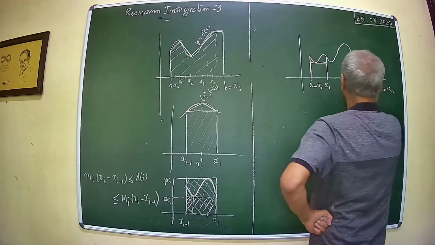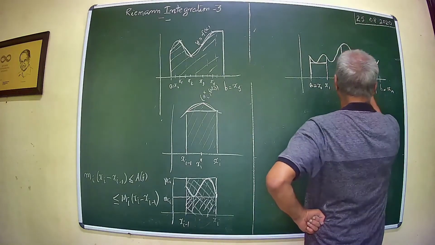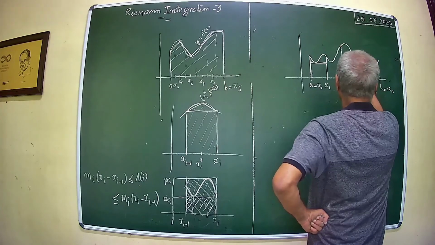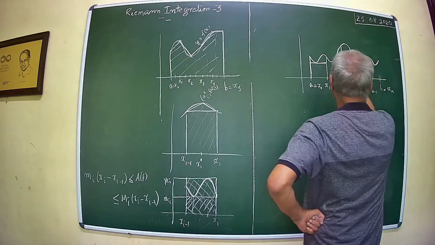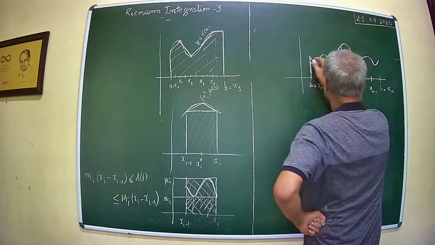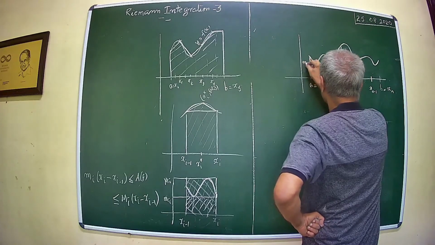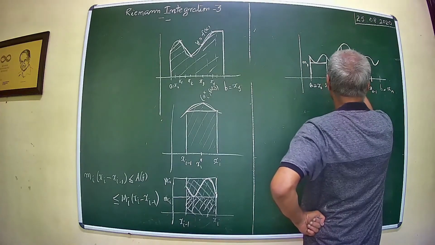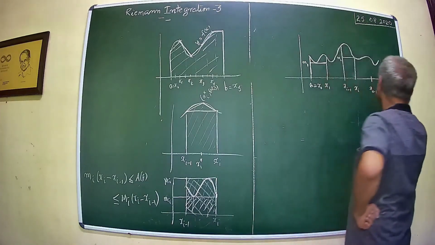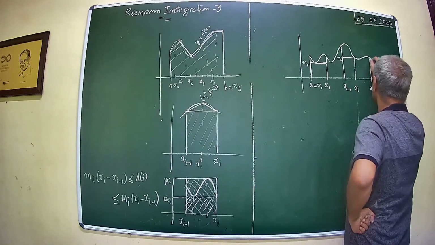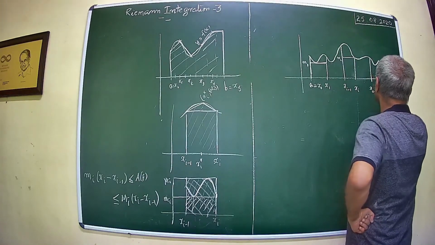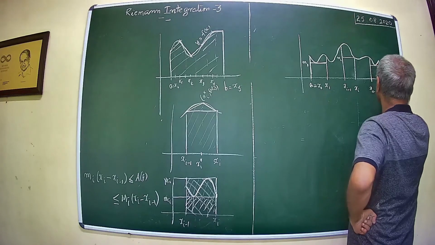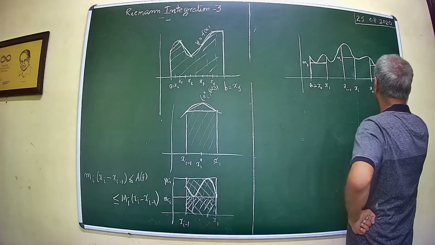And then on xi minus 1 to xi, I take the minimum value of the function and call that mi. So this is m1, this is mi, and on this interval it is going to be small m.